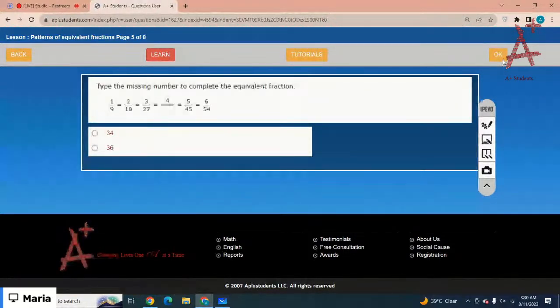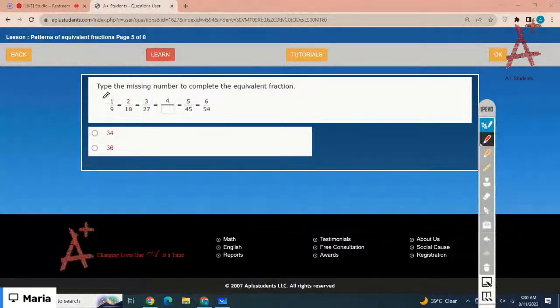Okay, type the missing number to complete the equivalent fraction. So here you have 1 over 9 and the missing one is 4 over. So 1 times what number is 4? 1 times 4 is 4 and 9 times 4 is 36.